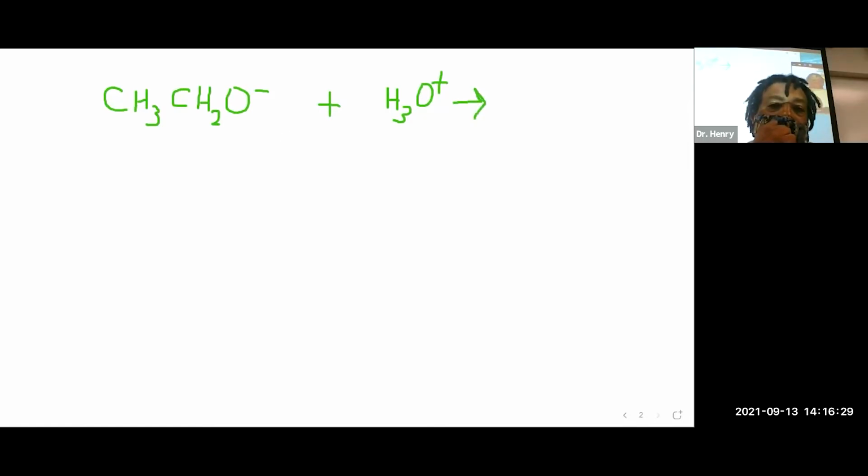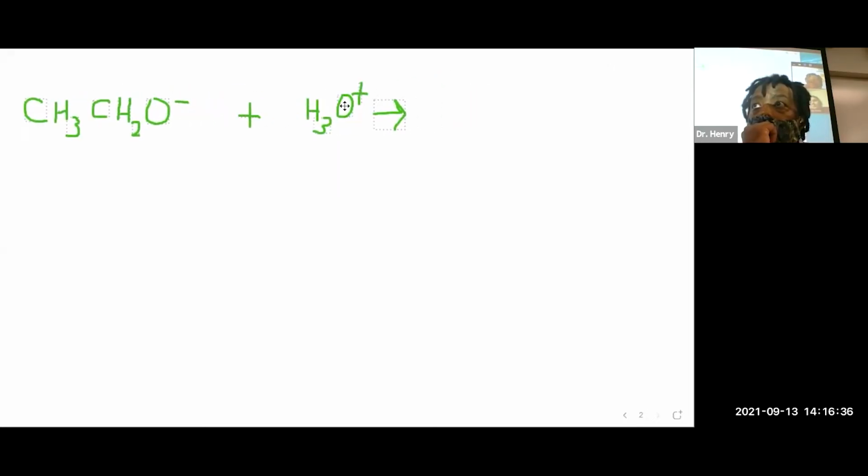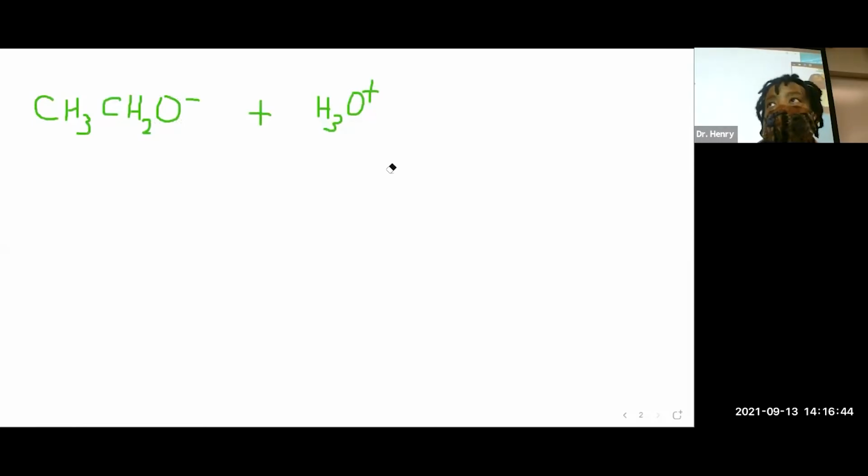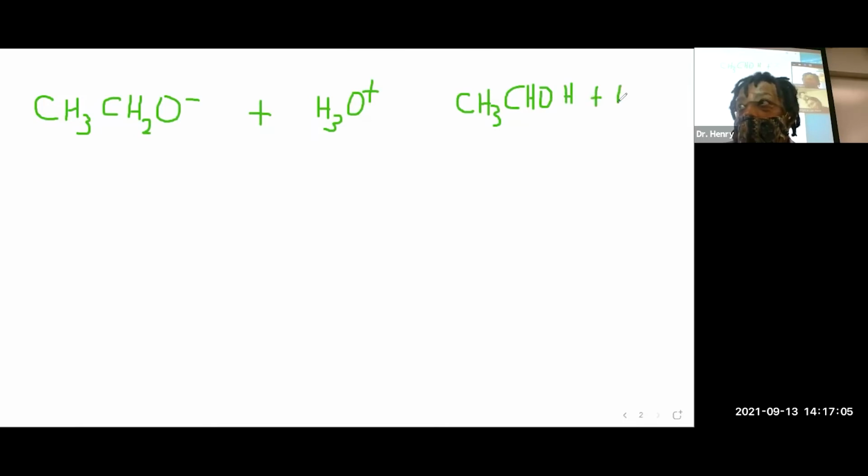So what are we going to get? And I shouldn't draw it like that. We'll just do it like this. What is going to be the product, and which way is the arrow going to go? CH3CH2OH plus water.